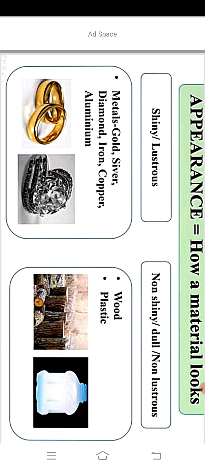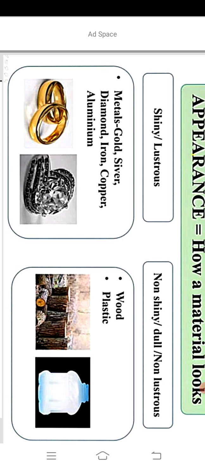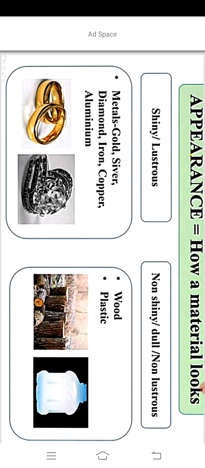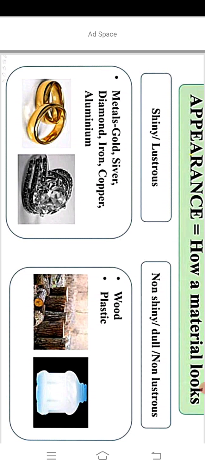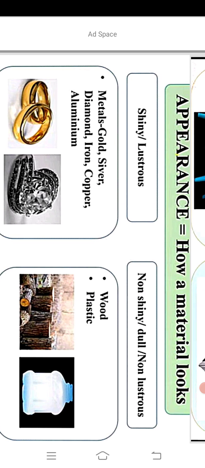Okay. Generally, metals like copper, iron, aluminium, gold are lustrous substances, so they appear shiny. Okay, but wood, plastic, this type of substance appears non-shiny, so they are non-lustrous.